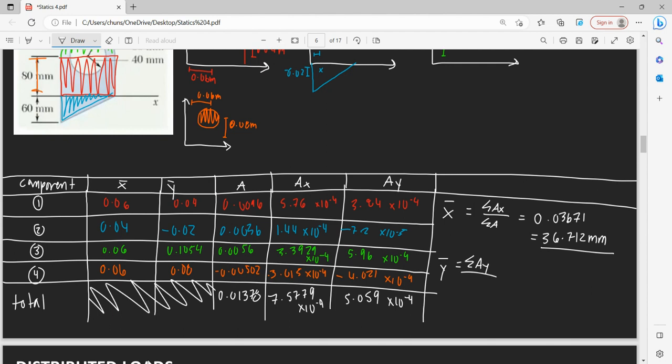Then to find this, it's our sum of AY over total area. So then that will be 0.0549 meters, which is 54.992 millimeters.